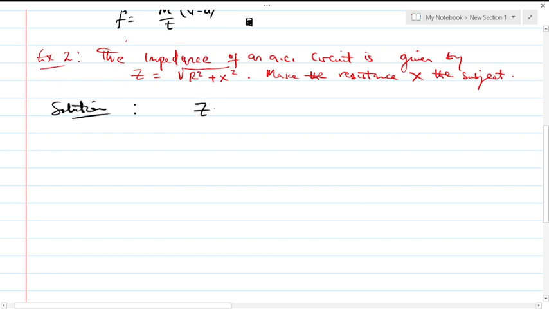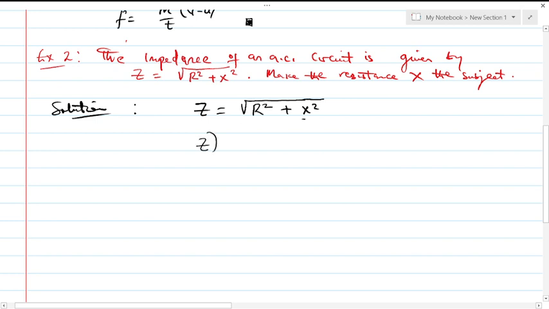We have Z, which is impedance of an AC circuit, equals square root of R square plus X square. And I have to make this X the subject. So the first thing is to remove the square root, and that means you are going to square both sides.